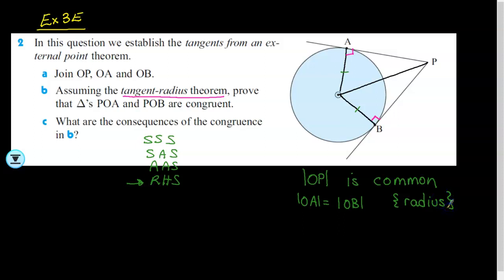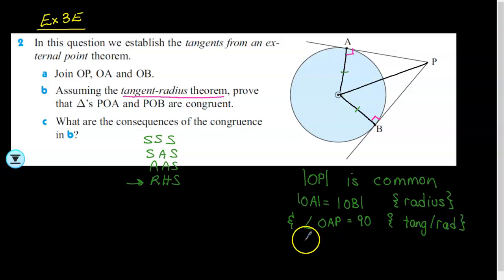radius, okay? And last but not least, we had angle OAP equals 90 degrees. Why? Yep, radius, tangent. I don't know why I did tangent first then. It's normally radius, tangent.